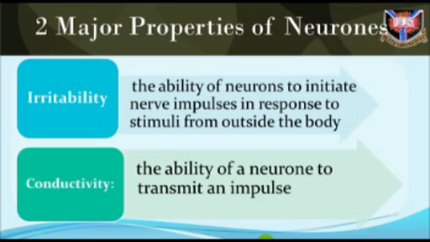For example, a huge and drastic blood loss may lead to a reduction in blood pressure, or the inhalation of toxic gases may trigger the vomit center in the brain. Conductivity. It refers to the ability of a neuron to transmit an impulse.